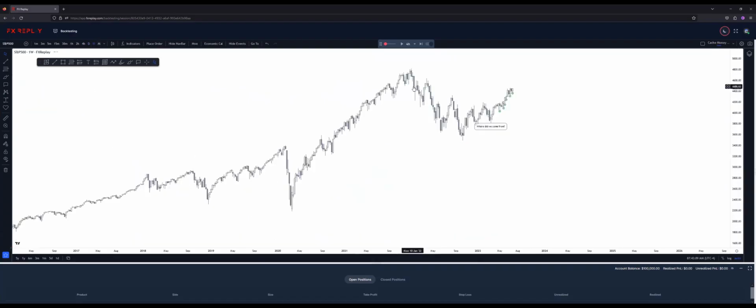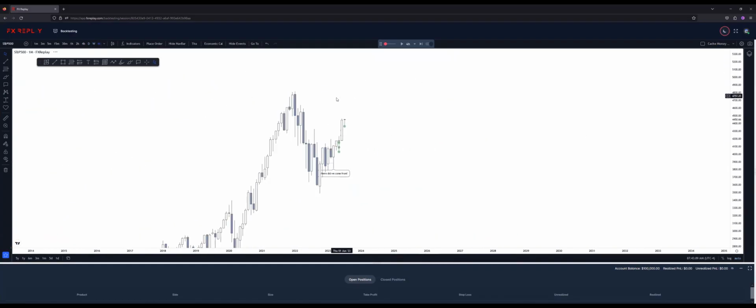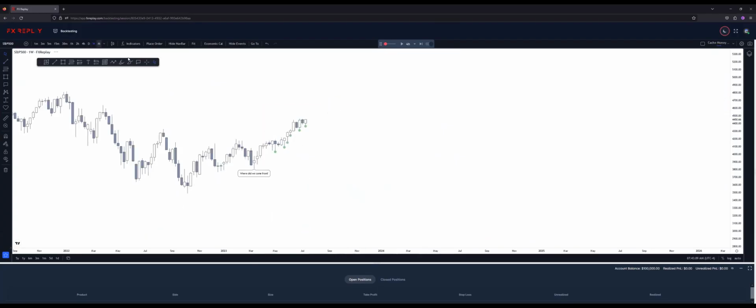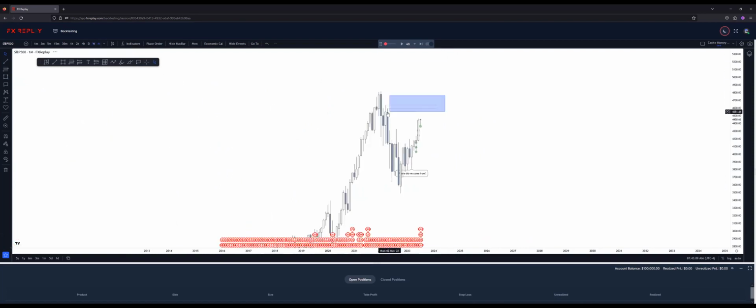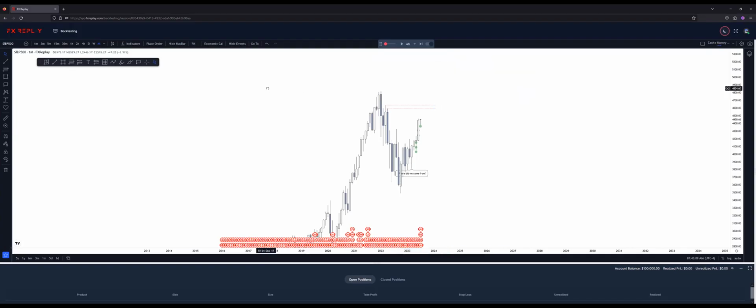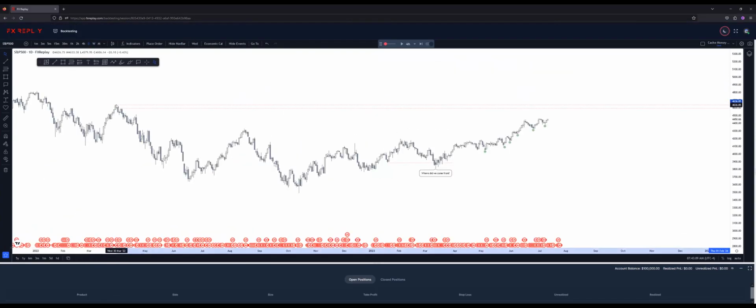We can do that on the weekly, basically, or the daily as well, or the monthly, right? But let's just keep it simple. The next area of liquidity, the obvious area, is up roughly in this region here, roughly in this high.